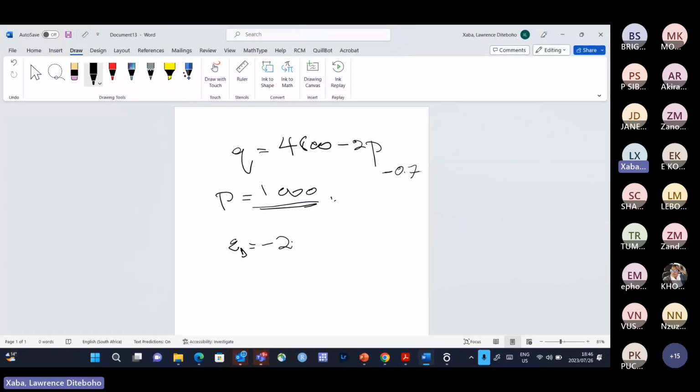What is your price? My price is 1,000. Times 1,000, divided by Q. I just substituted the Q with the equation. What's the Q? I want the value of Q. 2,800. Okay. What do we have?